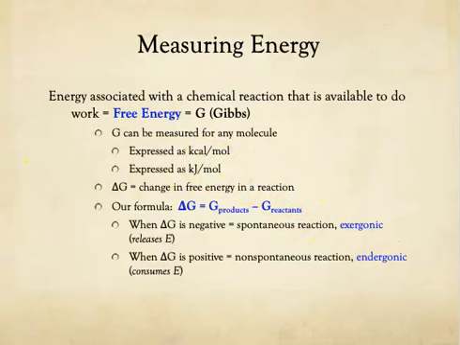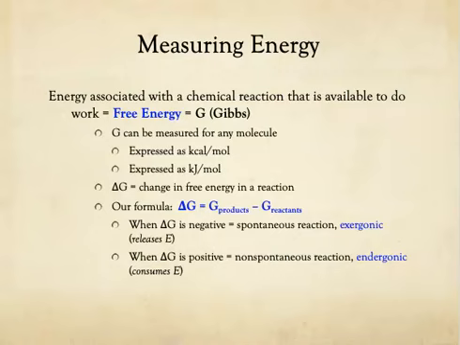Now, why would we care about measuring delta G? Well, it turns out that the delta G number is going to tell us a little something about the reaction. When the delta G number comes out negative, it tells us that we're looking at an exergonic reaction. We're looking at a reaction that is going to release energy, in other words, a spontaneous reaction.